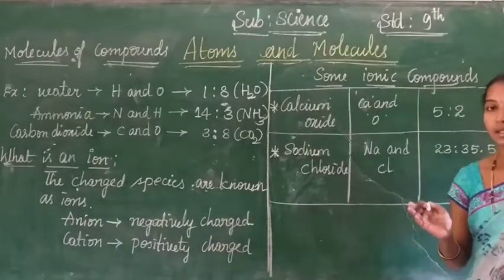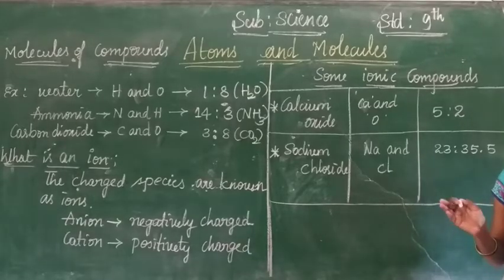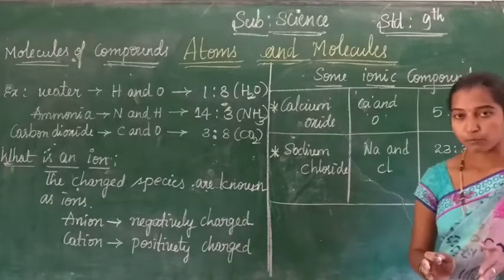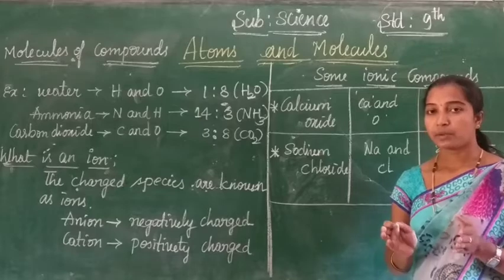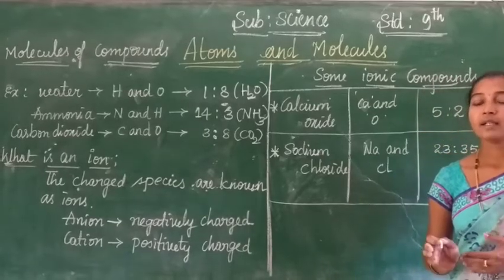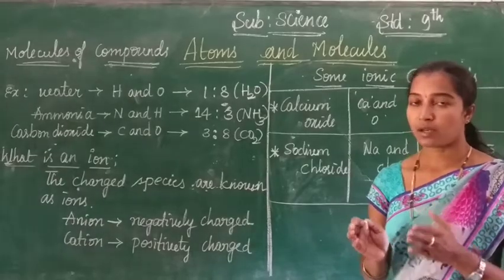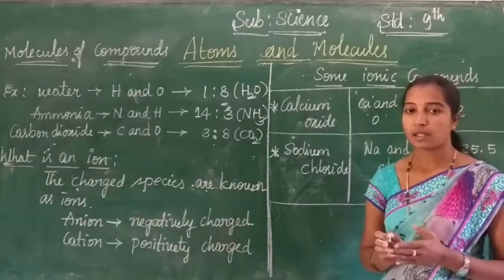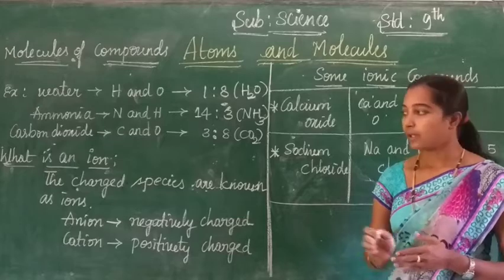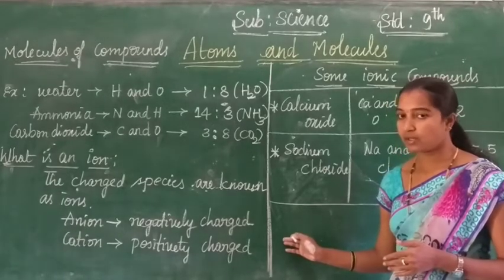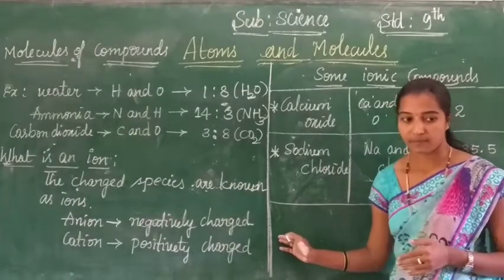Sodium chloride is an ionic compound, and both are combined in a proper proportion. Now let's see some ions and the compounds formed by such ions in your textbook. And all of you take this definition in your notes.